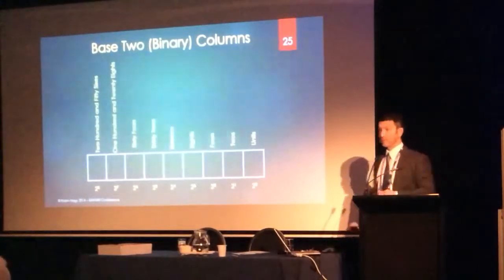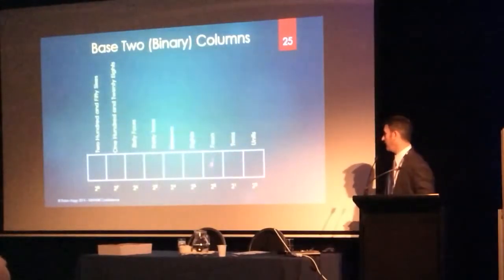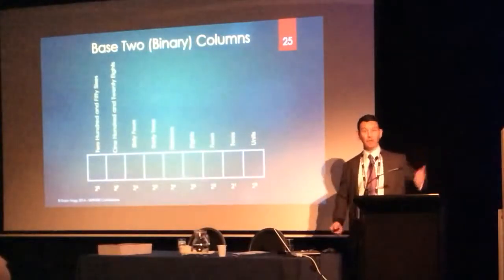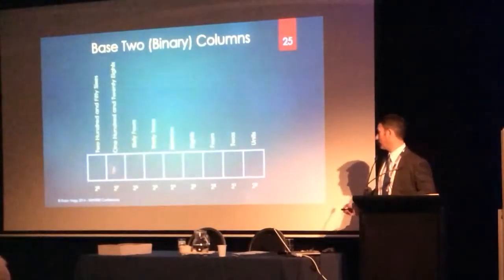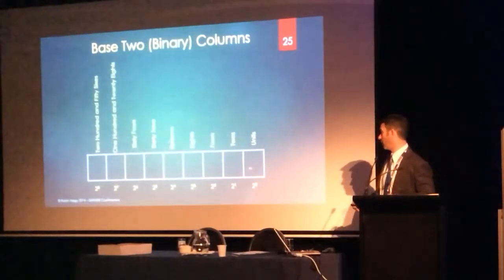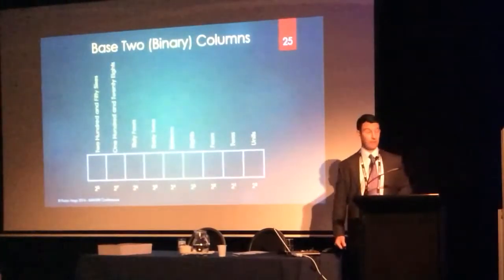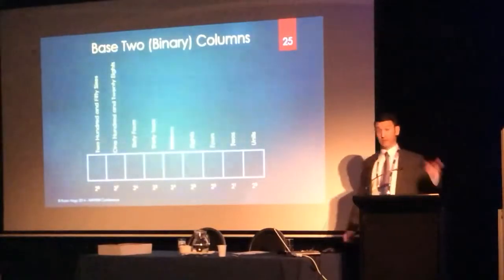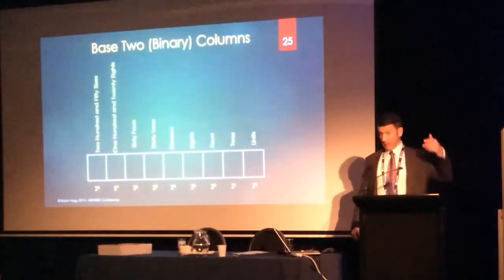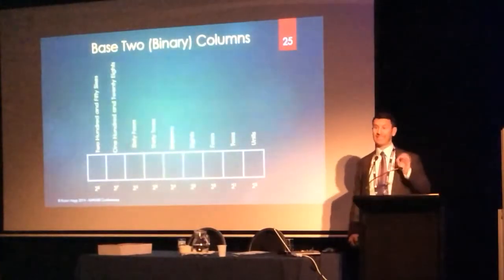Or in CMOS it's 15 volts and minus 15 volts or something like that. So if you put 8 of these switches together, you can represent up to 255. If all of these were 1s, it would be 1 less than 256. So 0 to 255, so you can represent 2 to the 8, or 256, different states.